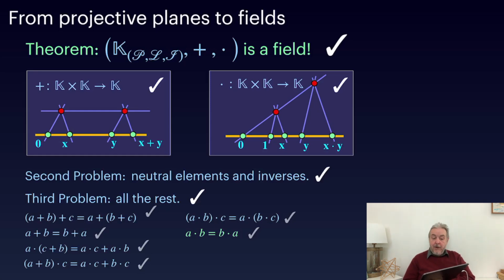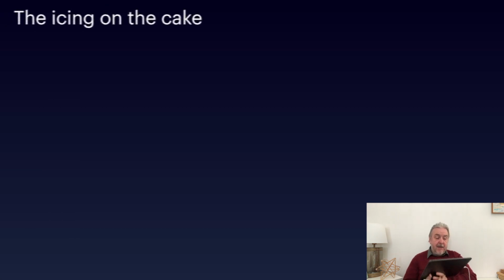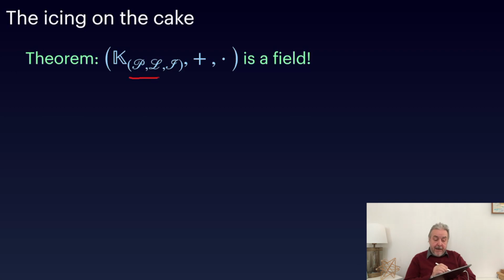So this was quite a lot of work, and I want to end this lecture with a few remarks and one more interesting proof. And here comes something that I would call the icing on the cake, the thing that makes the theorem even nicer. From a projective plane, we can get a field.